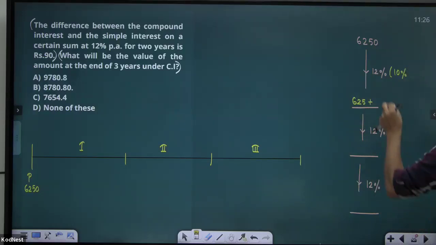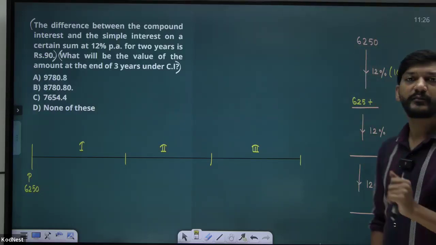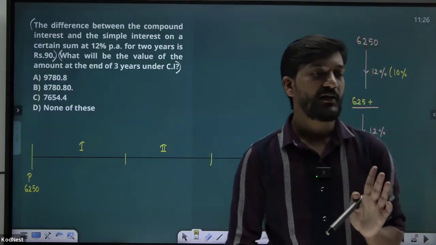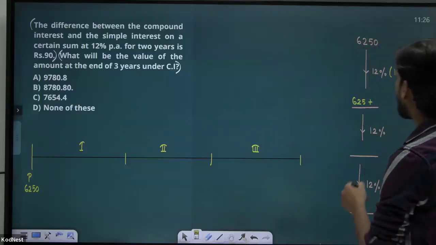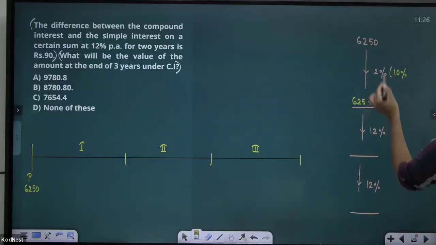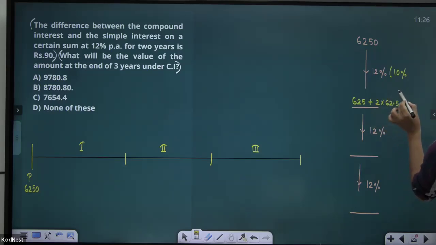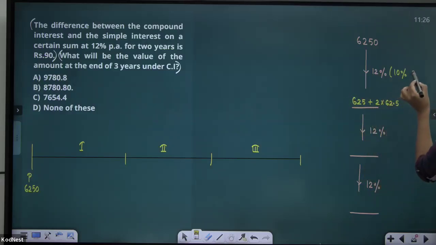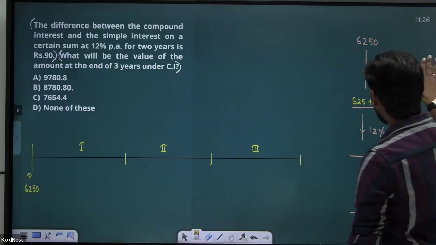Now answer, what is 1% of this? 1% is 62.5. Put the decimal after 2 places, 62.5. So 2% will be twice of 62.5. Now carefully see, what I have done is 10% plus twice of 1% is 12%.